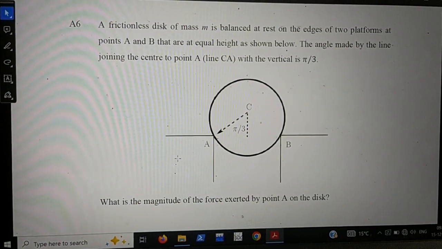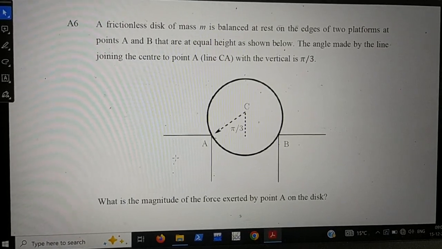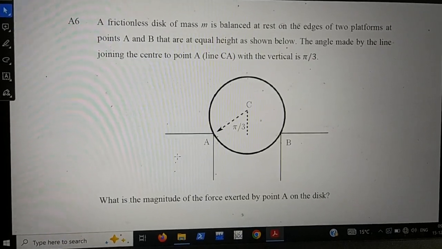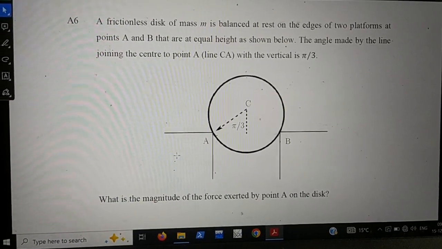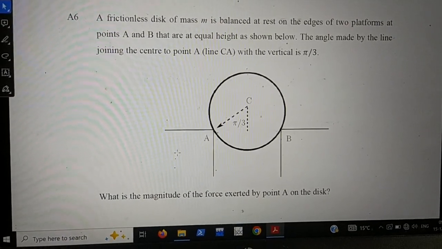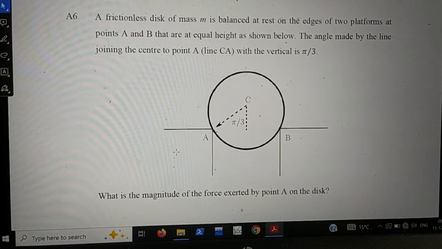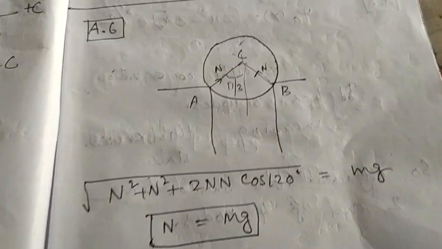You just need to draw the free body diagram and calculate the resultant force. You need to find the normal force acting on the disc from point A. This is easy.